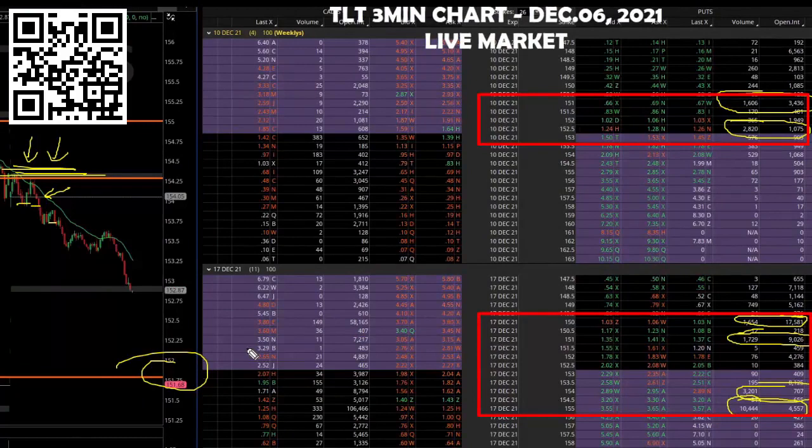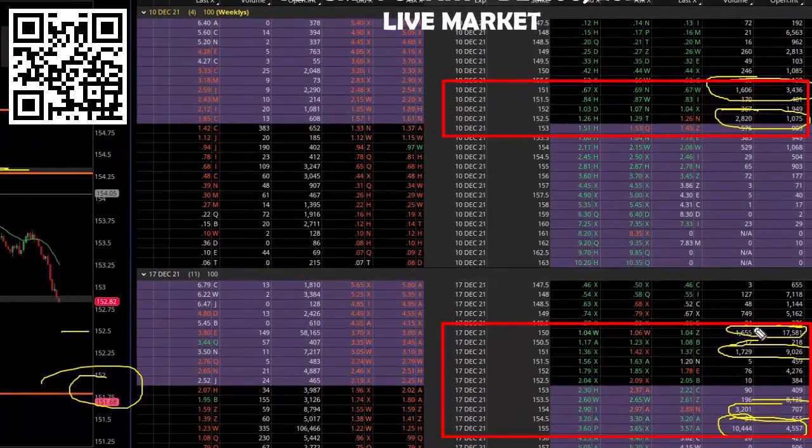You see the put volume at 151, 152.5. So we are coming to 152.5, right here, 151 lower. We also see for Friday, two weeks from here, puts 150. Very nice volume there.